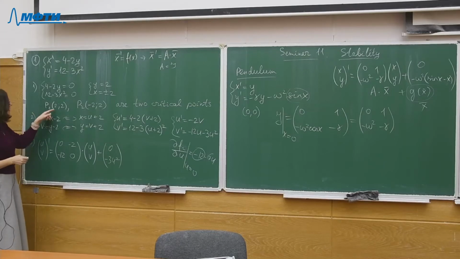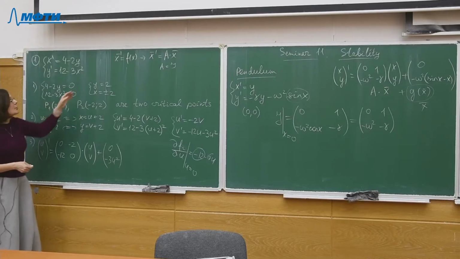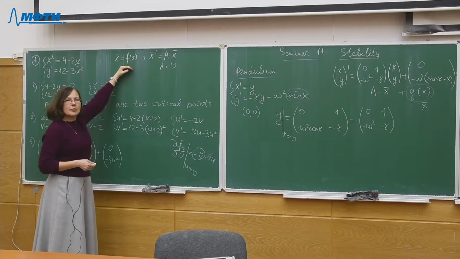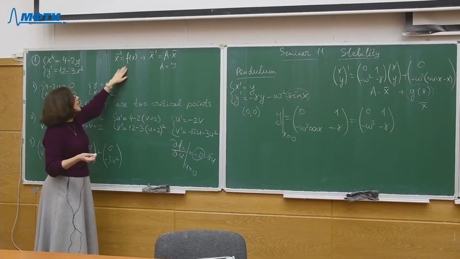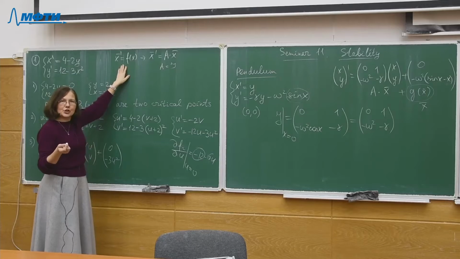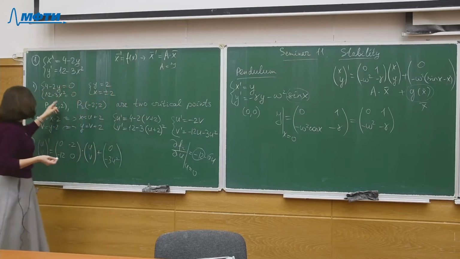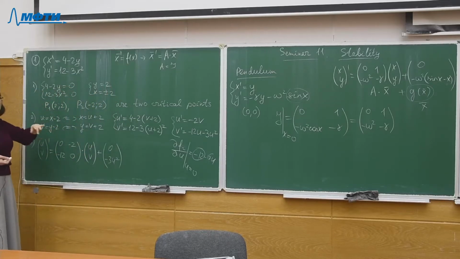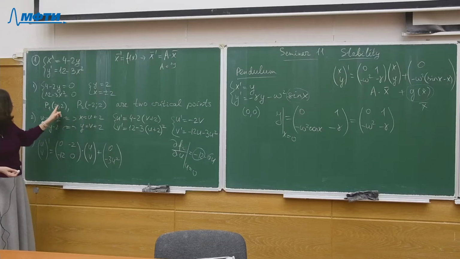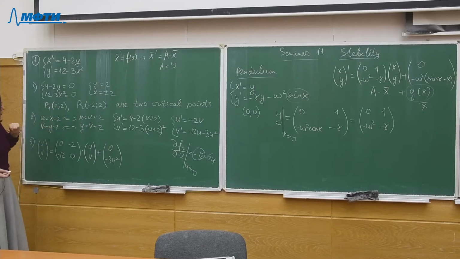Because we need to move this critical point to the origin, because this theory was constructed for the critical point at the origin, but our critical point is not the origin, so we must make a change of variables to move this point to the origin. So now by this substitution, the coordinates u and v of this point are 0 and 0, so it is moved to the origin. How about P2?